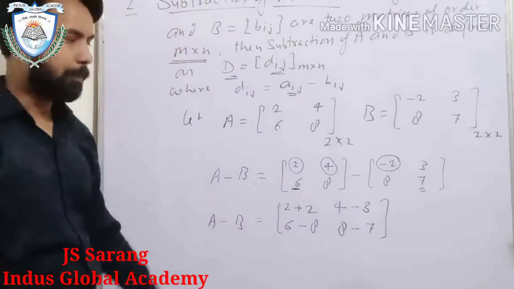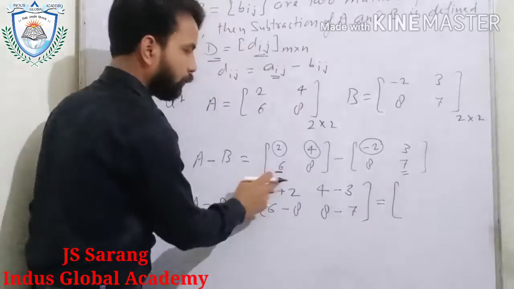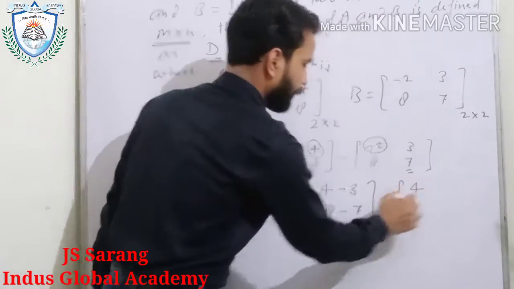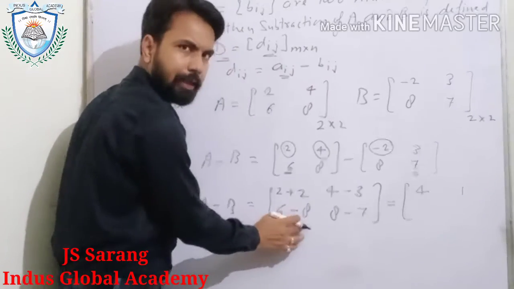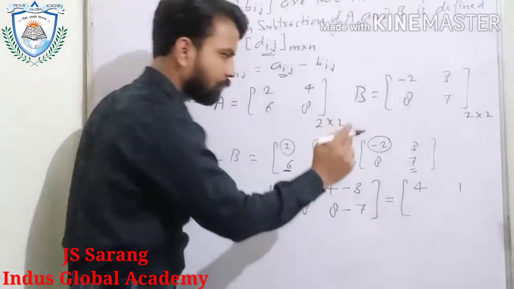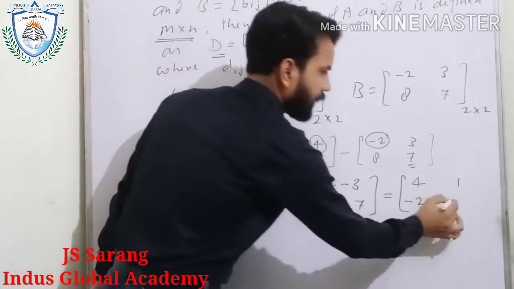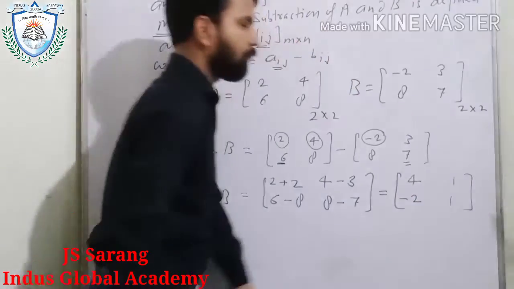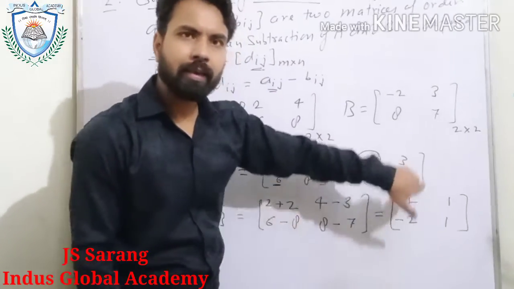Now simply we have to solve this. We get 2 plus 2 is 4. 4 minus 3, 1. 6 minus 8 will give you minus 2. And 8 minus 7, that is 1. Now we have to check the order of this matrix. What is the order of this matrix?